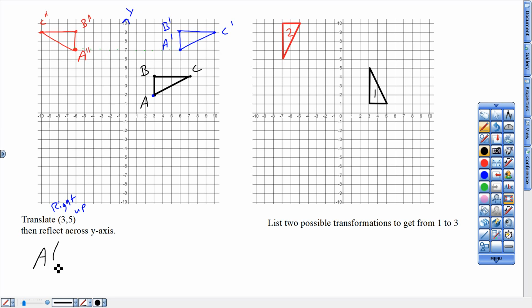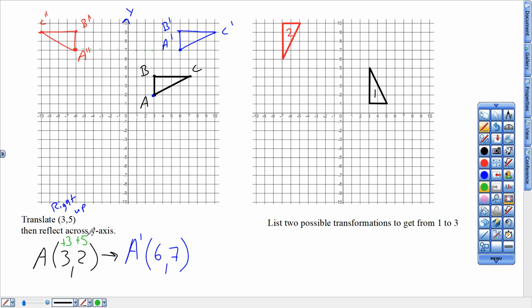Then what I'd like you to do is show me a point and then write the math that's going on, because this point 3, 2, where it started, is now going to this new point for A, which is A prime, which is the point 6, 7. If I did that work right, this adding 3 and adding 5 should affect my coordinate and give me those new numbers, and that's true. 3 plus 3, 6. 5 plus 2, 7.